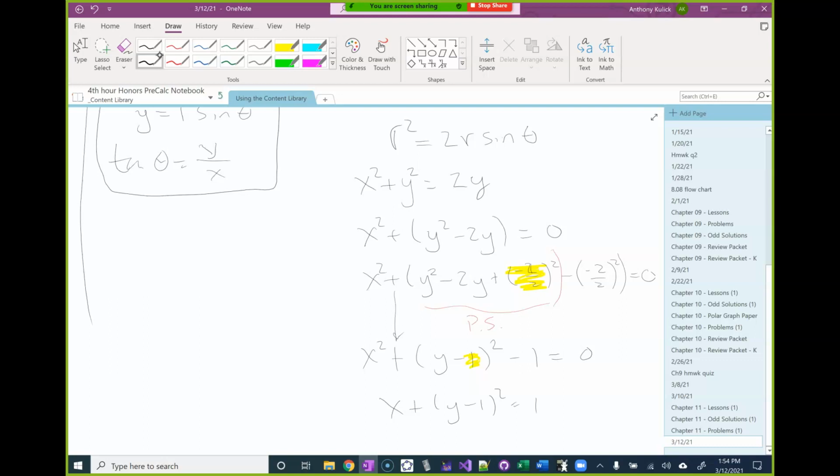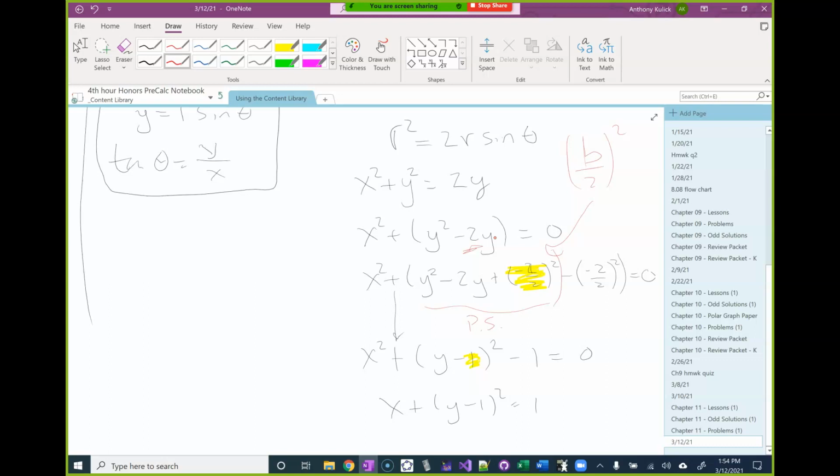Yes, Alex. So this value is b over 2 squared. In this case, our b was -2. You have to add it and subtract it, or add it to both sides. You could think about it that way also. That would be fine.